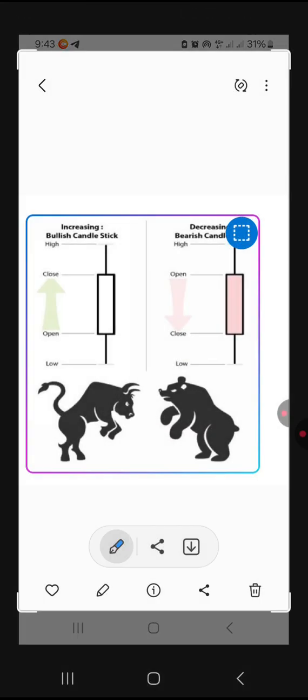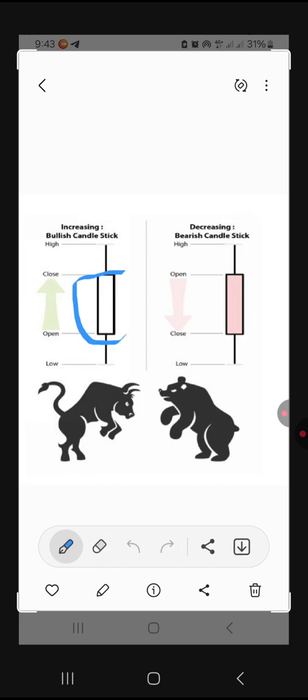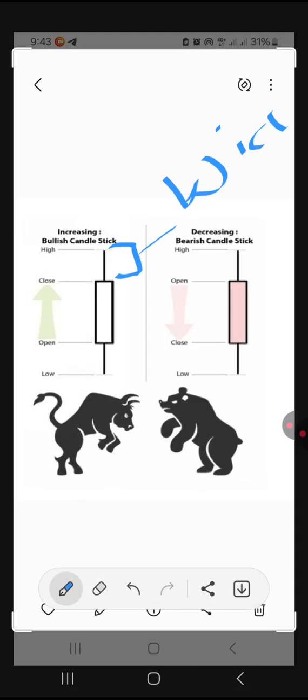When you say this is the body of a candle, this space here is the body of a candle. Then this side that has no body, this is what we call a wick. W-I-C-K. This is what we call a wick.